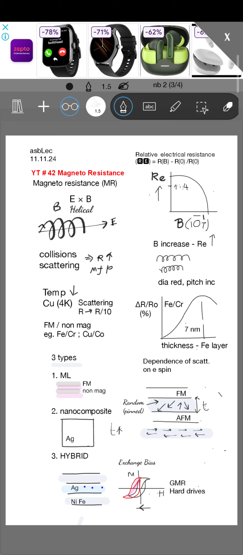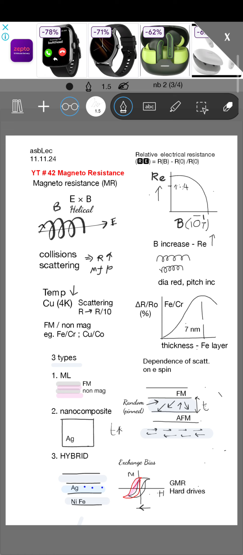So this magnetic field makes the electron collide a little more. That collision causes scattering of electrons, and that ultimately leads to an extra resistance imposed on the material, and that is called the magneto resistance.